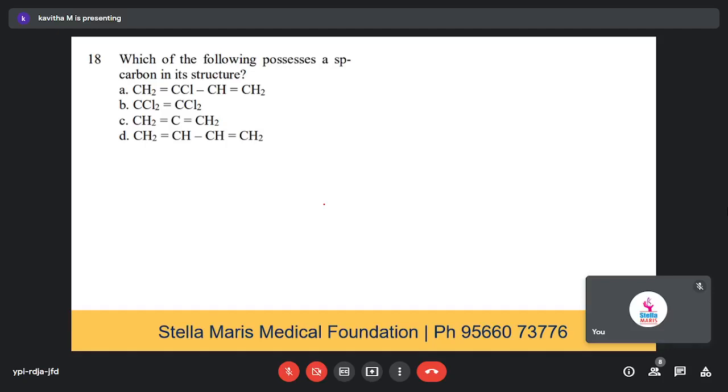When you come to structure D, the CH2 is sp2, and the next CH is also sp2, the third CH is sp2, and the fourth is also sp2. So the answer is CH2 double bond C double bond CH2, and this center carbon has sp hybridization.